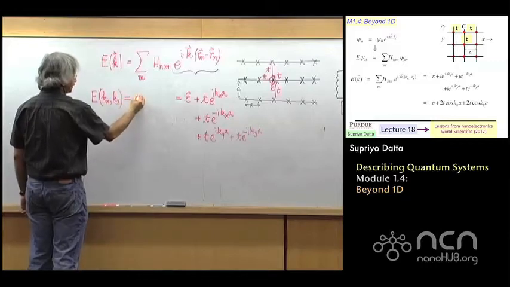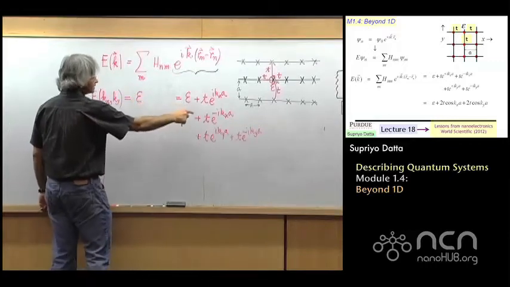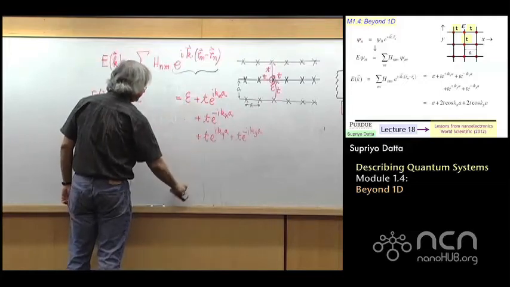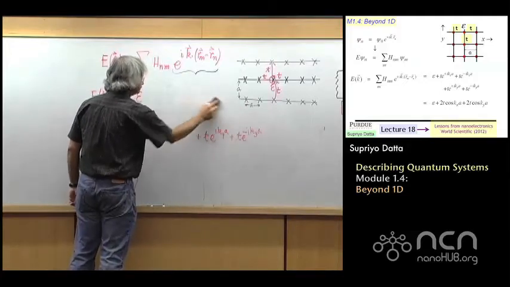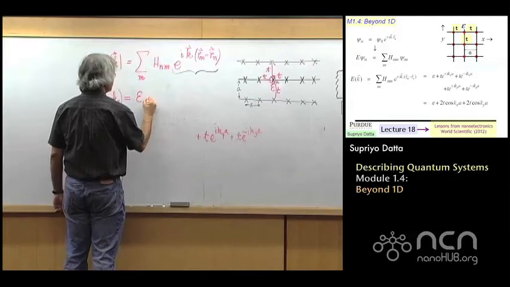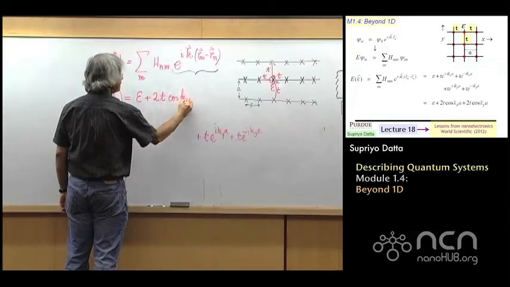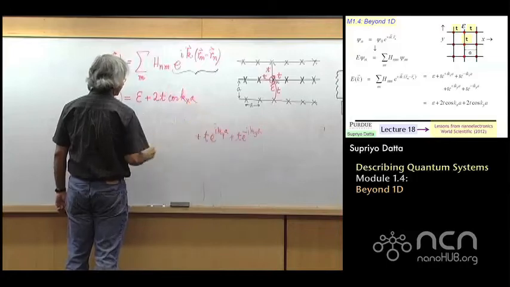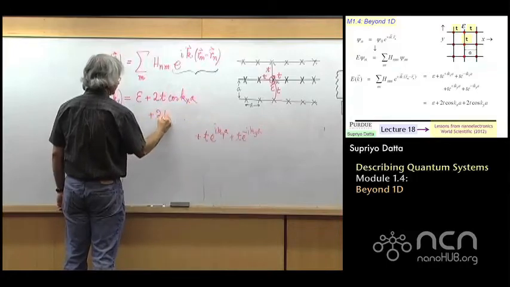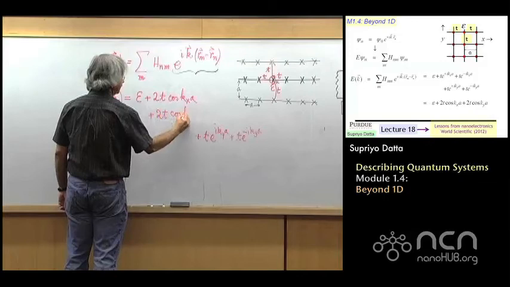And that's equal to epsilon plus those 2 things I can combine and write as a cosine. So that will give me plus 2t cosine kx a. And those 2 again I can combine to write plus 2t cosine ky a.